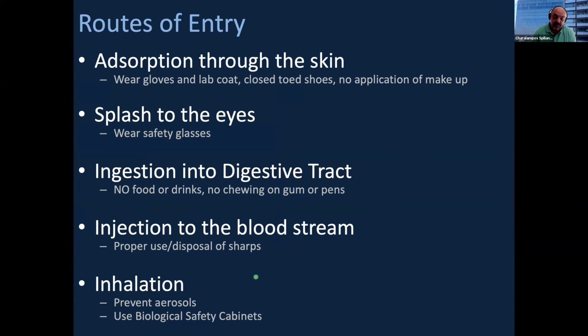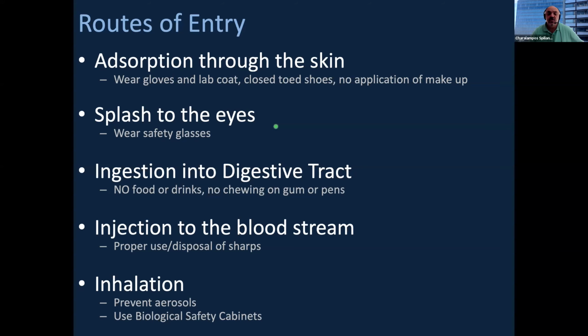We definitely, especially the ladies, should not wear makeup, because that's where biological reagents could stick. The eyes are actually a quite easy way of entry of biohazardous materials. That's why we need the biosafety glasses.